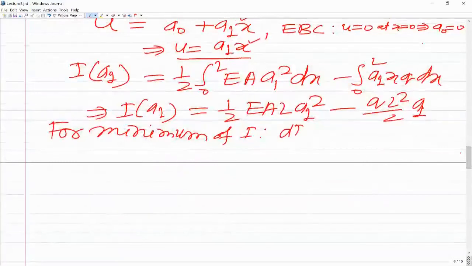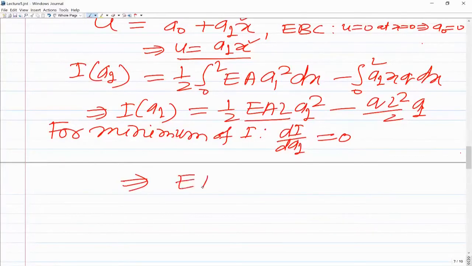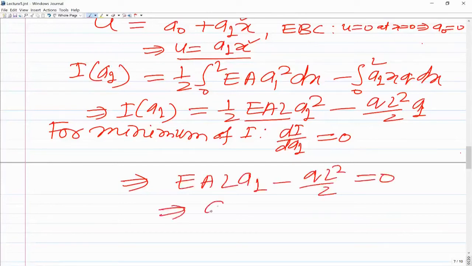If you differentiate, the unknown variable is a1 and the rest are constants, so we get EA l a1, since the 2 and half cancel, and the second term gives ql square by 2, equal to 0. So from here you get a1 equal to ql upon 2EA.